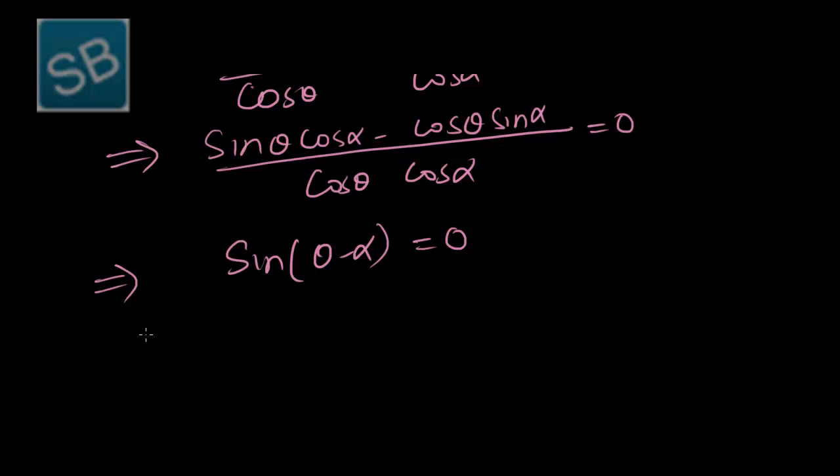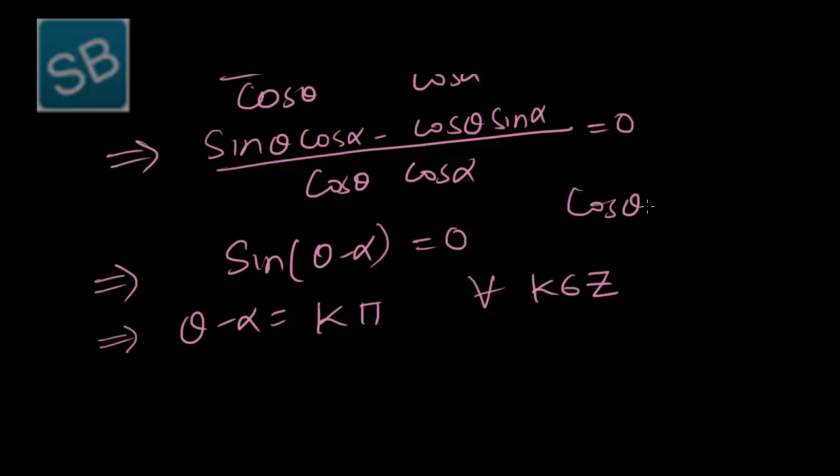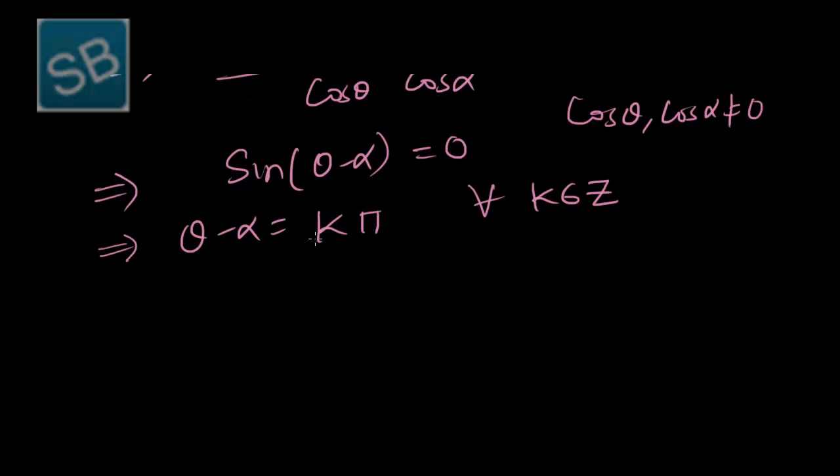So sin is 0 when theta minus alpha is equal to k pi for all k belong to Z, and cos theta and cos alpha are not equal to 0, that is theta is equal to k pi plus alpha for all k belong to Z.